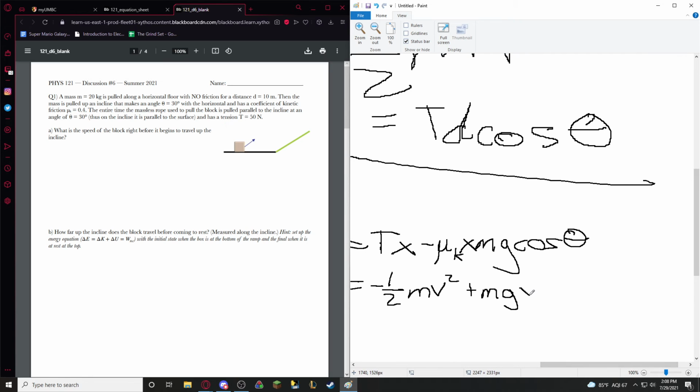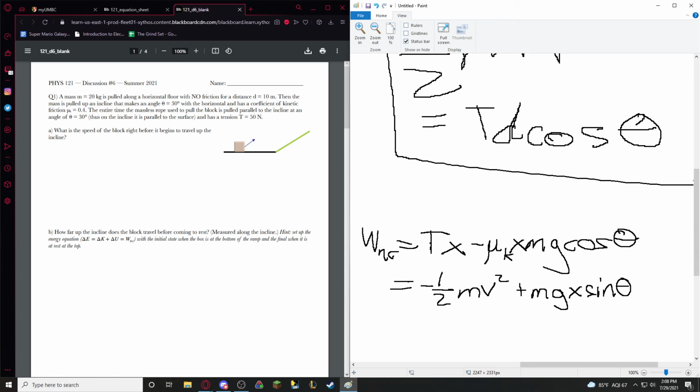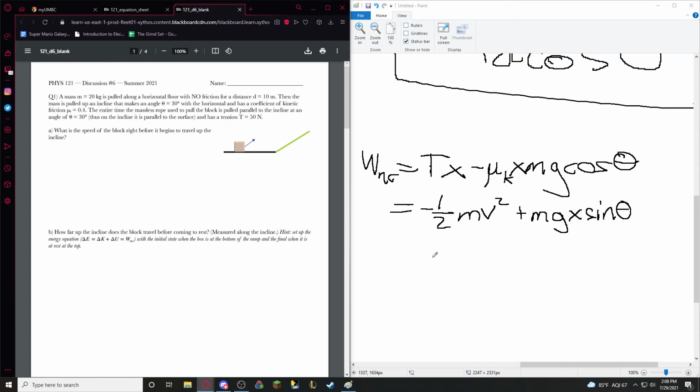So mg x times sine theta. Is this everything we need to find x? I think so. We could just put them equal to each other. Yep. And then we just do a bunch of algebra. What I'm going to do is move this to the other side of the equation.